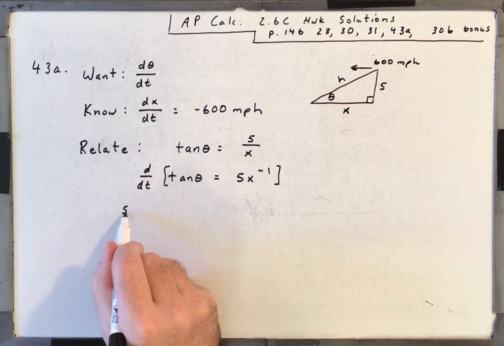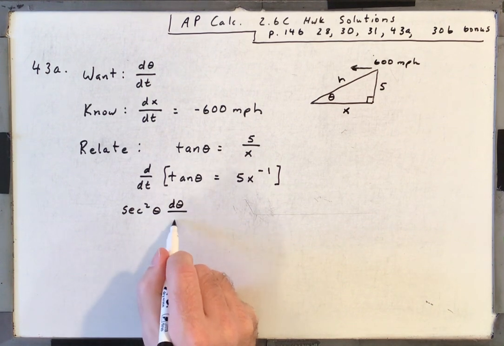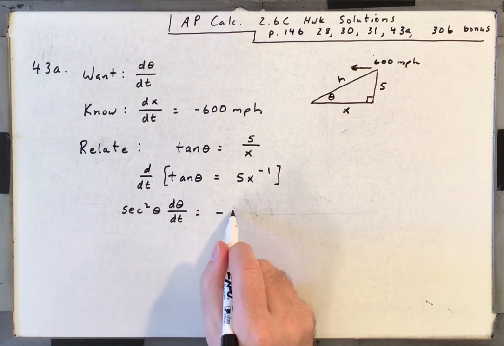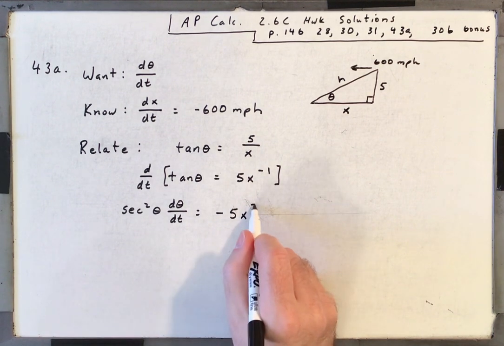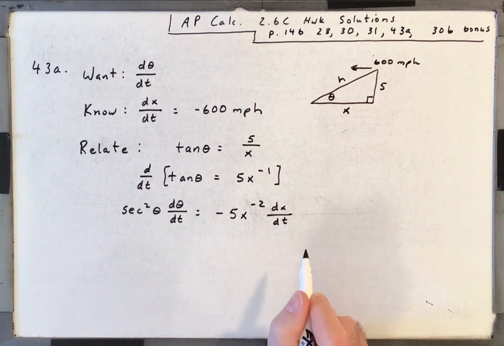Take the derivative, you'd have secant squared theta, d theta dt, is equal to minus 5x to the minus 2 dx dt.